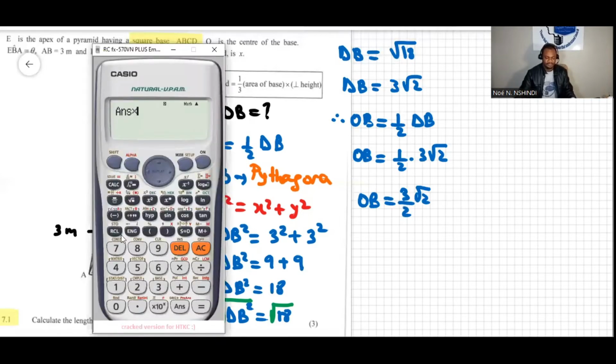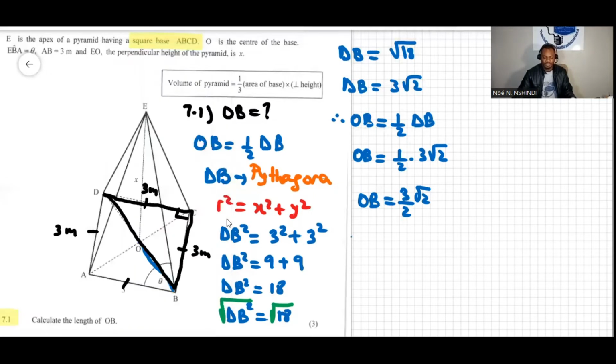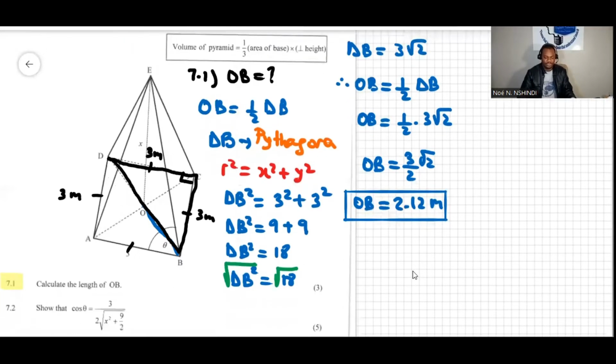If I multiply by half this 3 roots 2 and then press SD, OB will be 2.12 meters. The length OB. Et voilà.